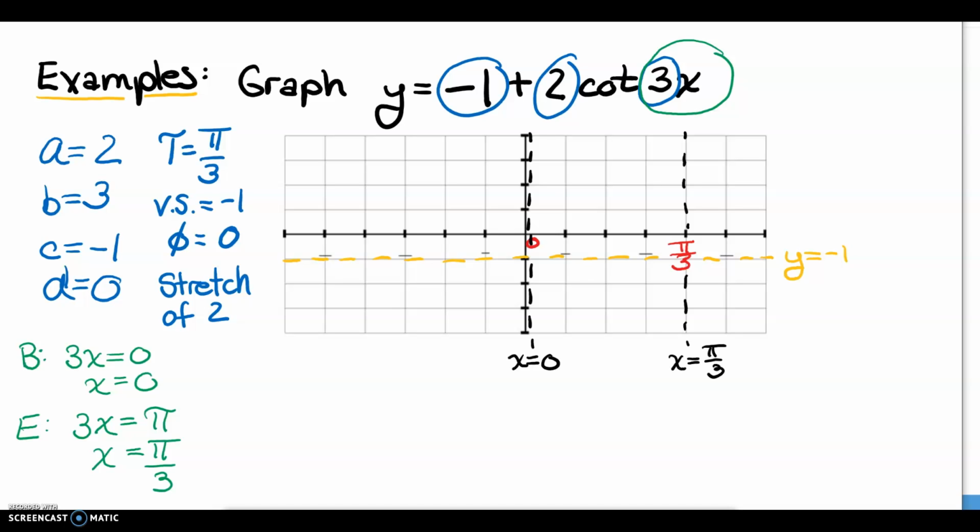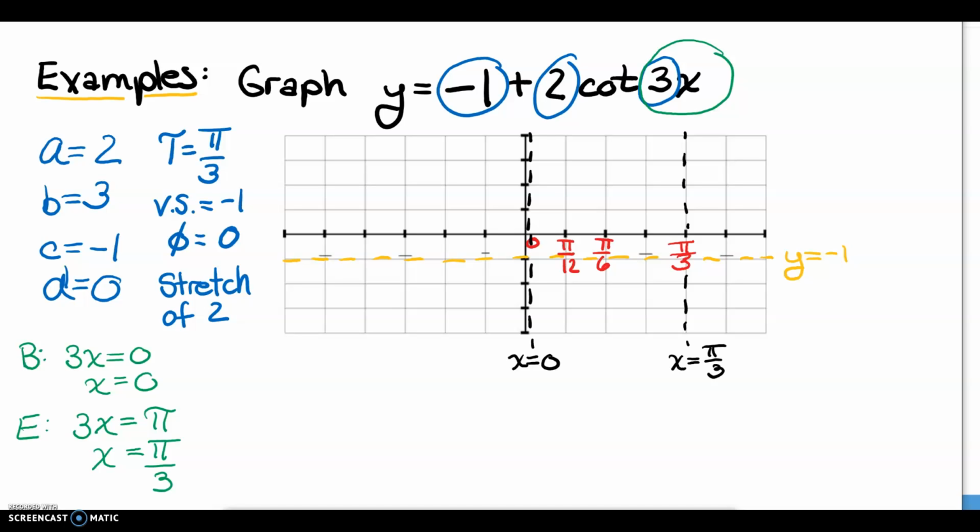All right, so now how do we label the inside? Half of pi over 3 is going to be pi over 6. The midpoint between 0 and pi over 6, you can add those and divide by 2, or you can think half of pi over 6 is pi over 12.